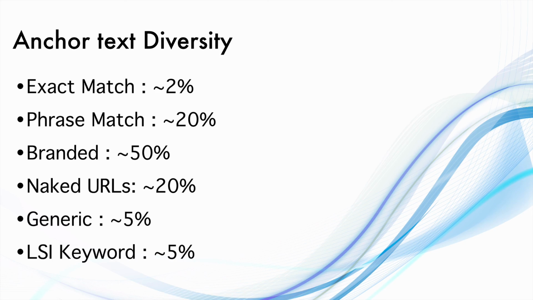I would like to repeat again, these are not rules set in stone. It is definitely flexible, and depending on your competitors' anchor text or the industry you are in, it might vary a little bit, but this can be used as a benchmark for you to look at anchor text.